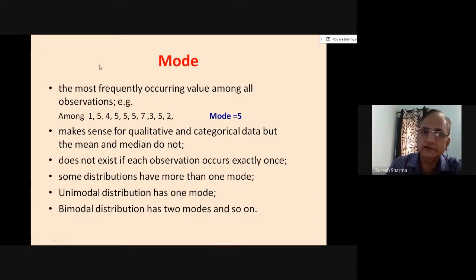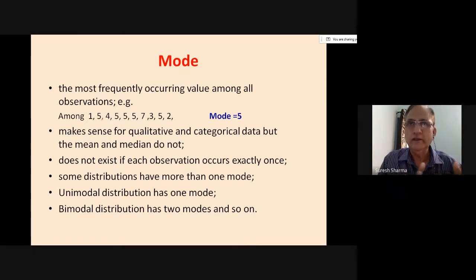Because look at the definition: most frequently occurring value. There is no most frequently occurring value. Every value is occurring only once. So what should be the answer? Answer is, mode will not exist. Remember, mean exists, median exists, mode may not exist. Even there could be more than 2 modes.